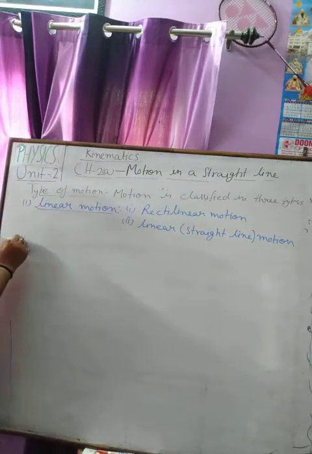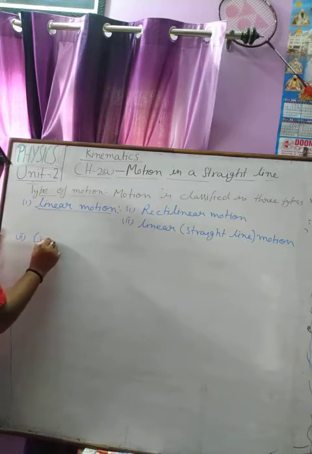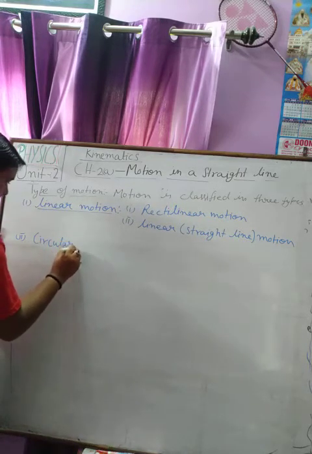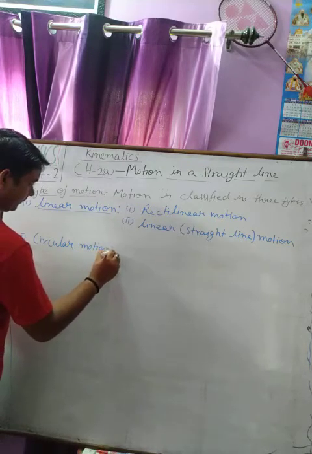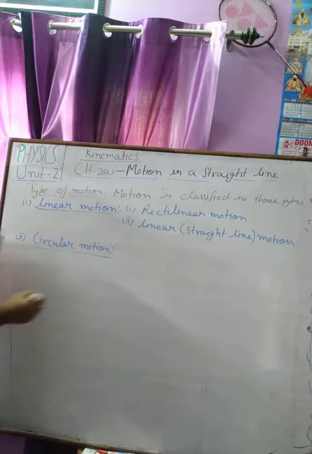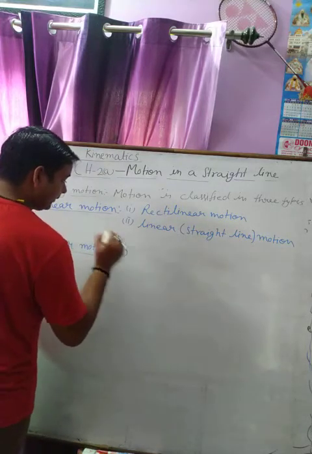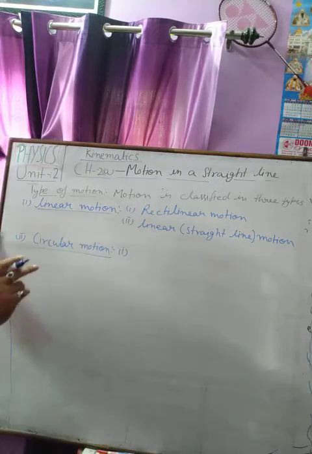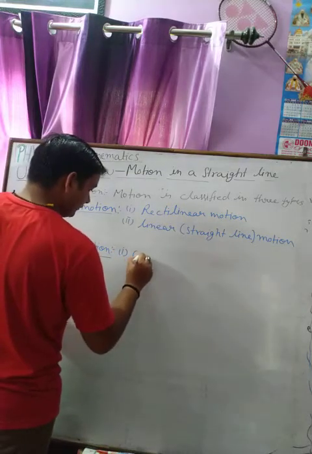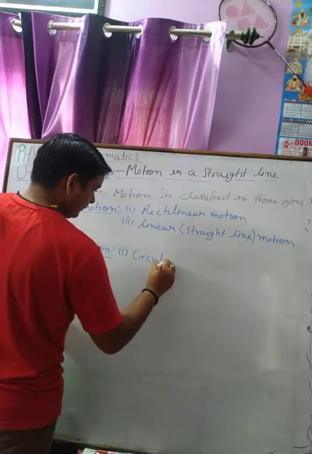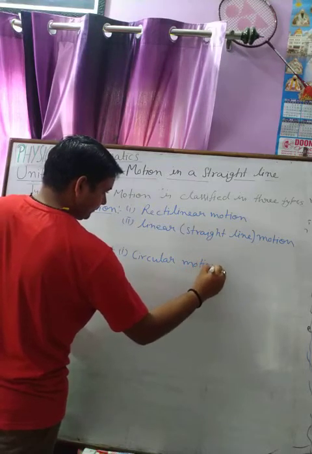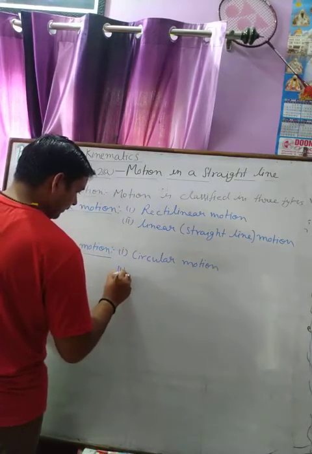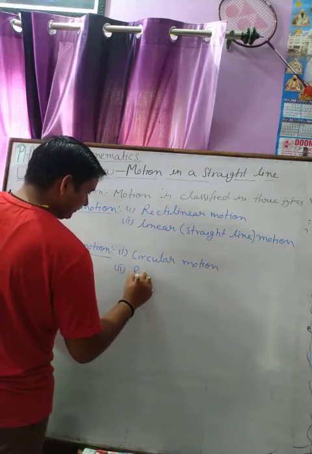Second is circular motion, which is also categorized into two types: circular motion and rotatory motion.